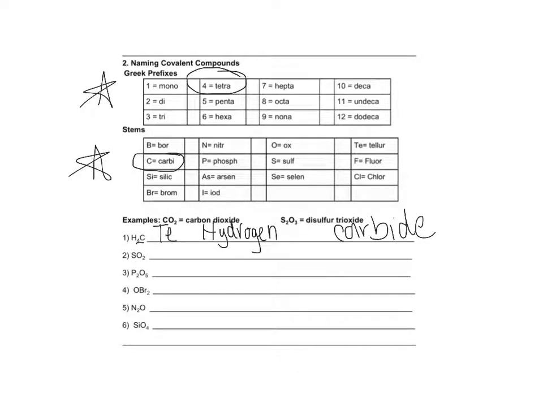Tetrahydrogen. Notice the C doesn't have anything after it for a subscript. But since the letter's there, we know that there's one. So we have to use mono in front of carbide. Our final answer is tetrahydrogen monocarbide.